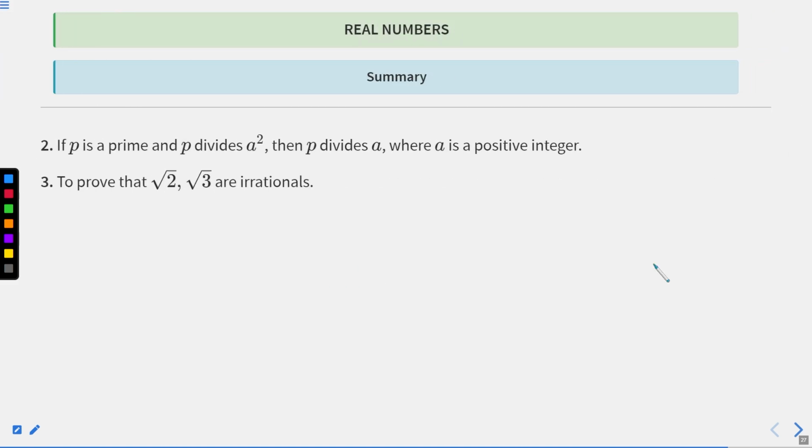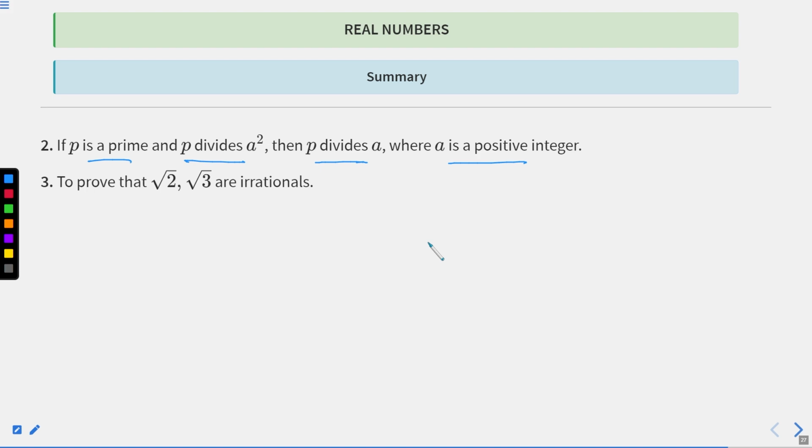Second point: if p is prime and p divides a square, then p divides a, where a is a positive integer. We proved this theorem using the fundamental theorem of arithmetic. We represent a as a product of primes, a equals p1, p2, p3 up to pn, and squaring gives a square equals p1 square, p2 square up to pn square.